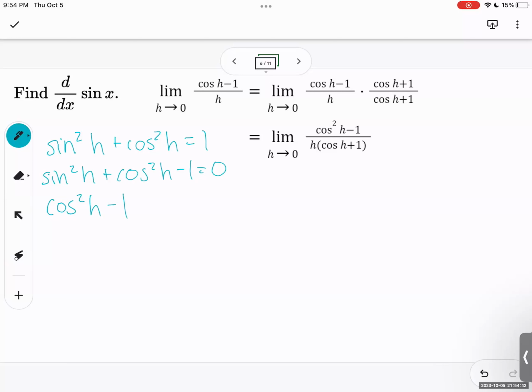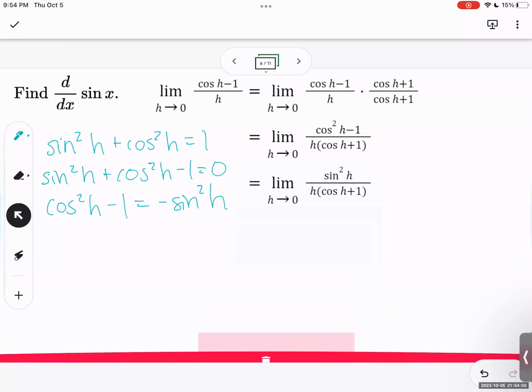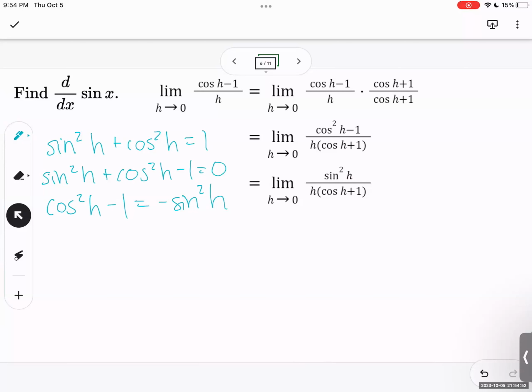So cosine squared h minus 1 is equal to negative sine squared h. So when I typed up the notes, I apparently forgot the negative sign. There should be a negative sign in front of sine squared h. So I'll need to make sure that I track that through.